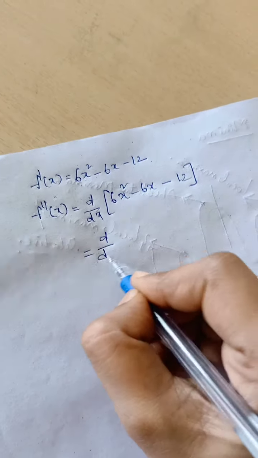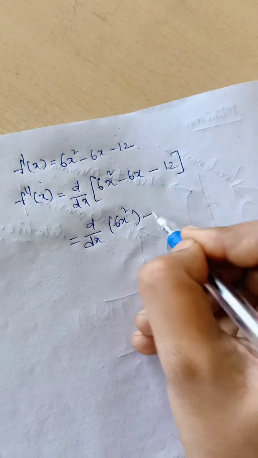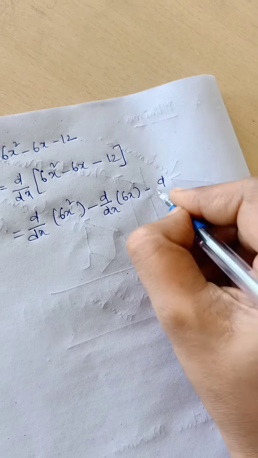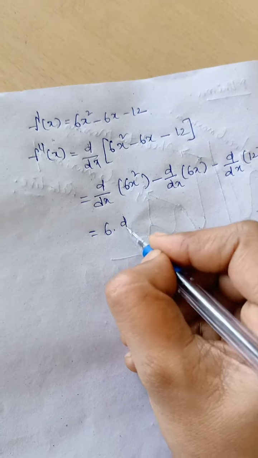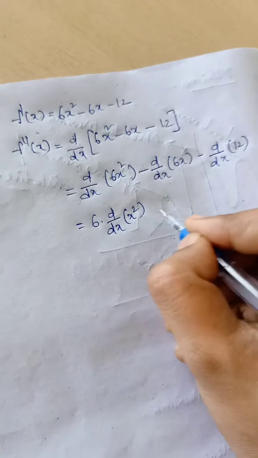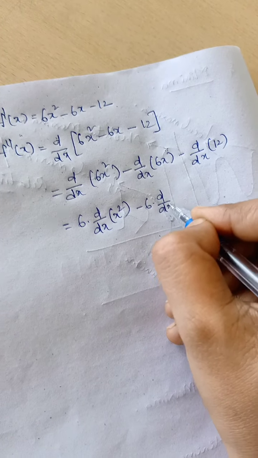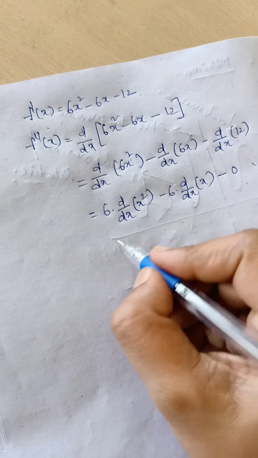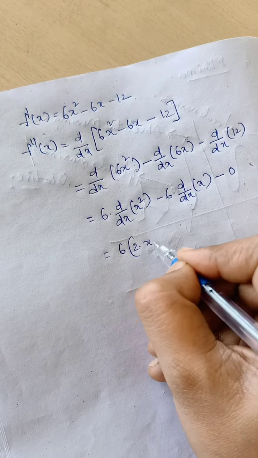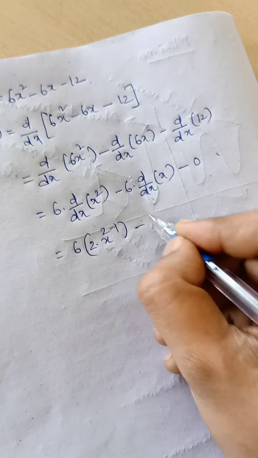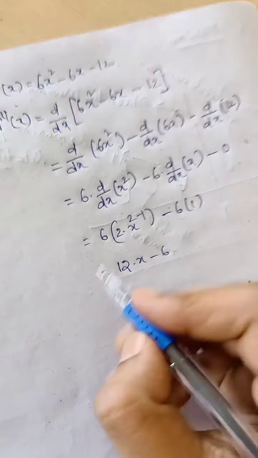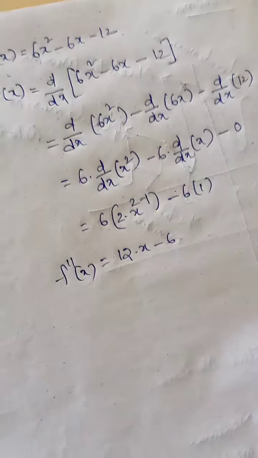That means d by dx of 6x square minus d by dx of 6x minus d by dx of 12. That is equal to 6 into d by dx of x square minus 6 into d by dx of x minus 0. 6 into 2 into x power 2 minus 1, minus 6 into 1, that is equal to 12x minus 6. This is f double dash of x.